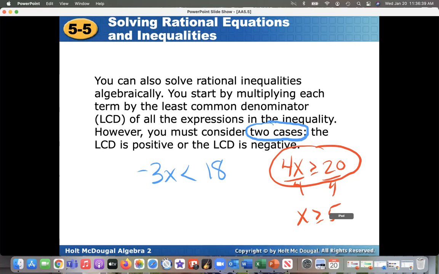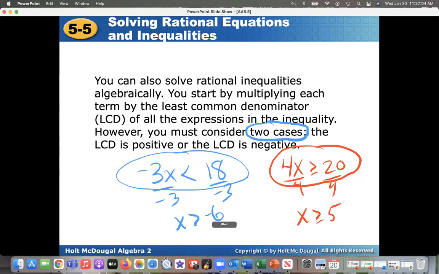Now, what are we going to do over here to solve? We're going to divide by -3. And you learned this back in Algebra 1: what happens when you multiply both sides of an inequality by a negative number? That's why we have to switch the symbol. That's why we're going to have two cases when solving rational inequalities.